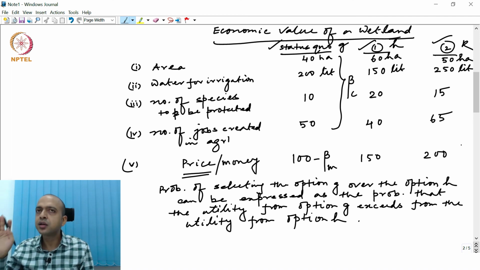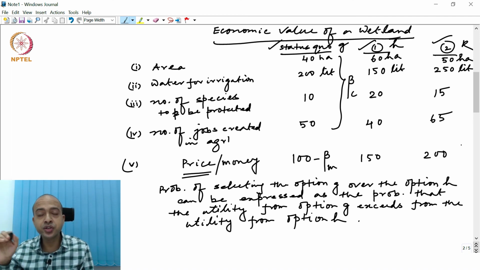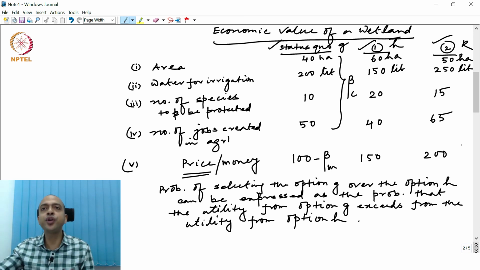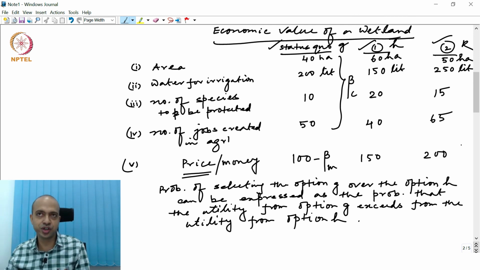Secondly, the problem of strategic bias is reduced to a large extent, because we are not giving the respondent the freedom to quote their price. That means to go for overbid or underbid, because the price is already attached here, right? So that is how choice experiment can solve these problems.